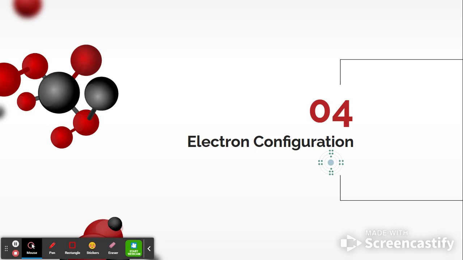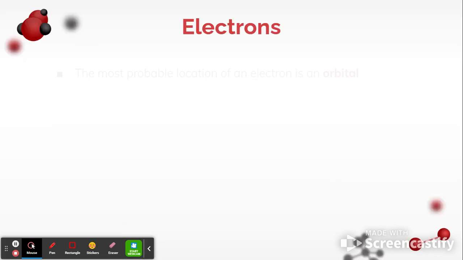Chapter 4, Electron Configuration. The most probable location of an electron is an orbital. An orbital essentially is a statistical distribution of the most likely regions in which an electron will be placed.